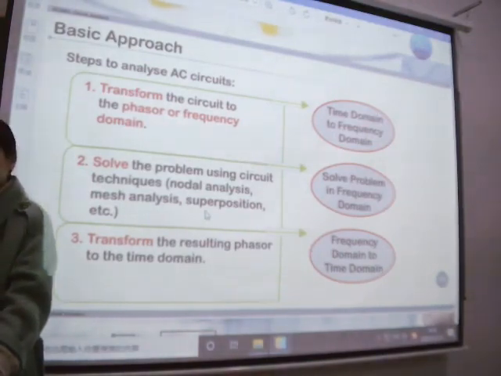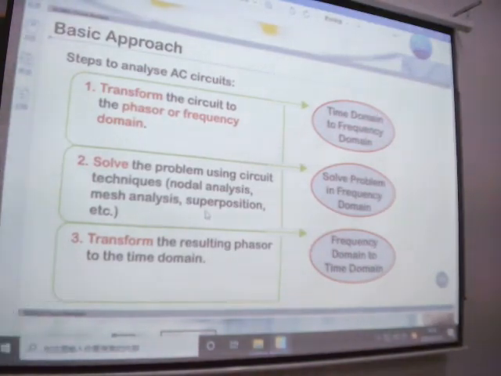Then we can use all the skills we learned in the DC circuit and apply them to the AC circuit directly. You can use nodal analysis. You still remember the shortcut? Right?